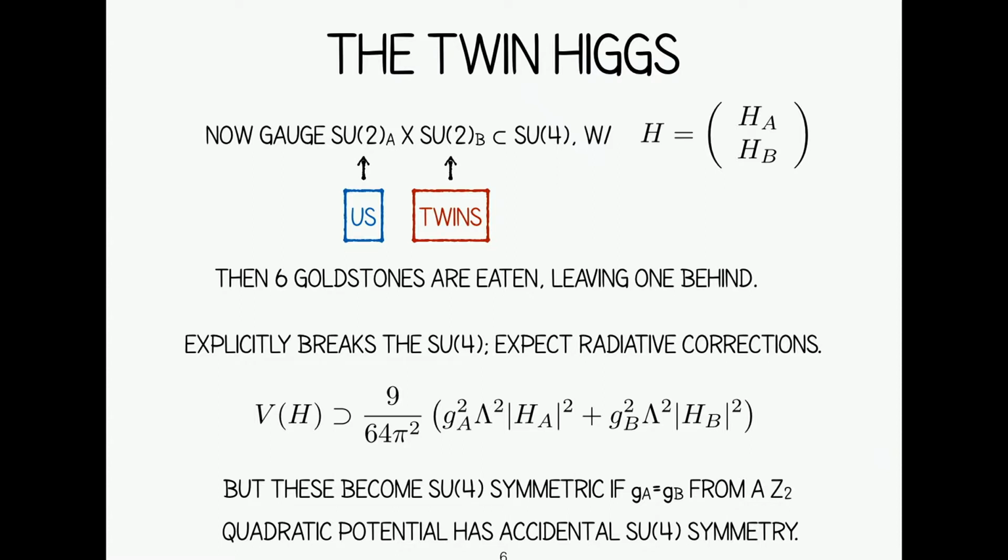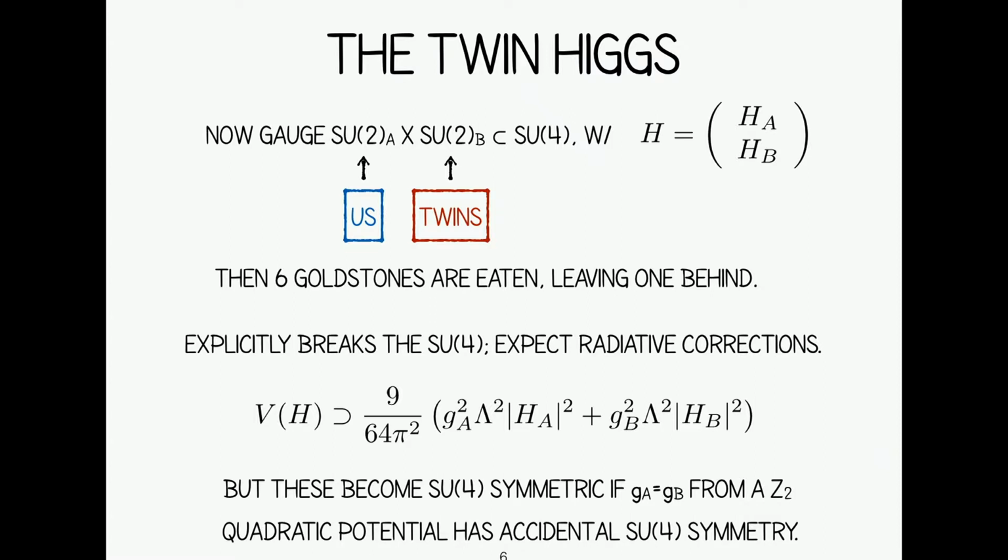Now this gauging, turning on gauge couplings for the 2 SU2s, explicitly breaks the SU4. Just like last lecture, we made the Higgs a Goldstone of SU3 and were very proud of ourselves, and then we realized that standard model Yukawa and gauge couplings explicitly broke the SU3 and spoiled all of the shift symmetry protections. The same thing happens here. If we gauge these 2 SU2s, that explicitly breaks the SU4, and we can go ahead and calculate radiative corrections in this theory.